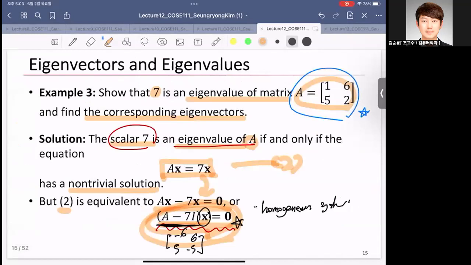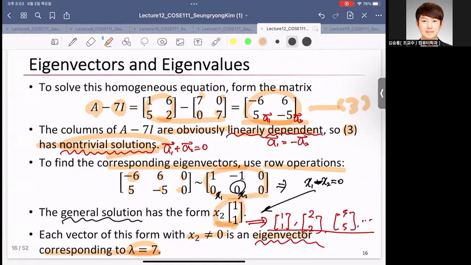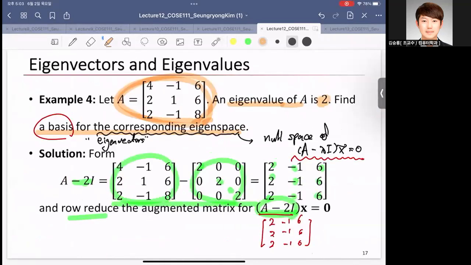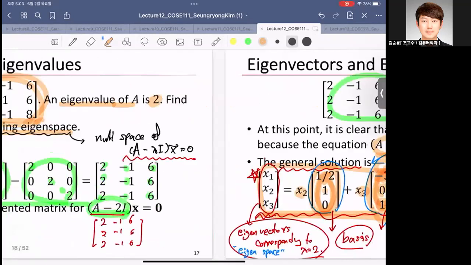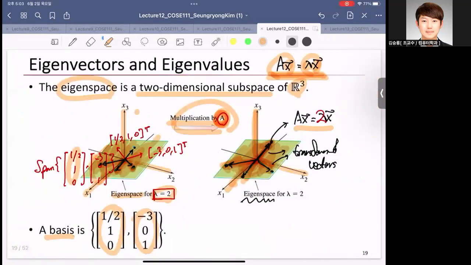Then you can easily find the eigenvectors by using this equation, A minus lambda I times x is equal to 0. So we discussed how to find the eigenspace given the eigenvalues.